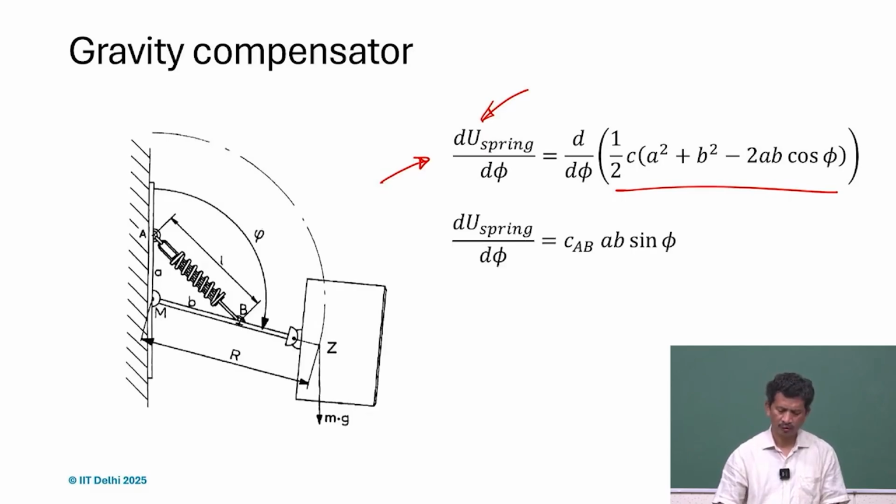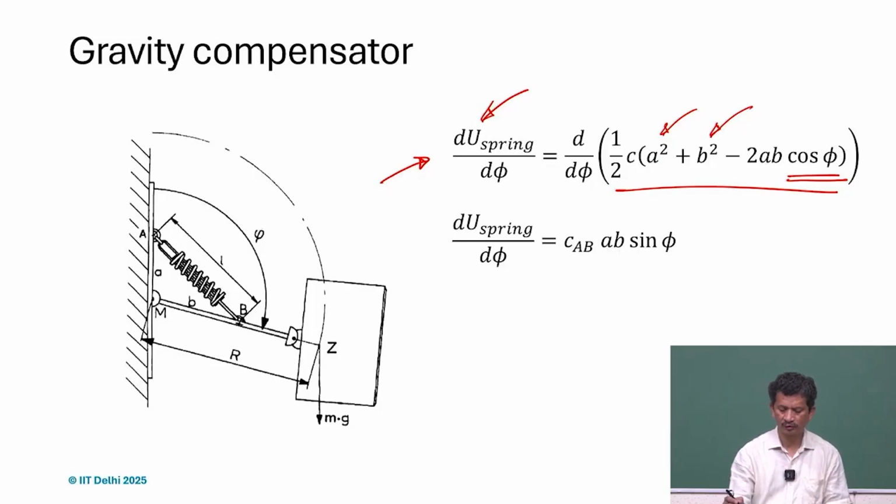Most of the parameters here are constant. The parameter we have is cos phi, so the constant terms will be 0, and the minus and 2 will get cancelled.